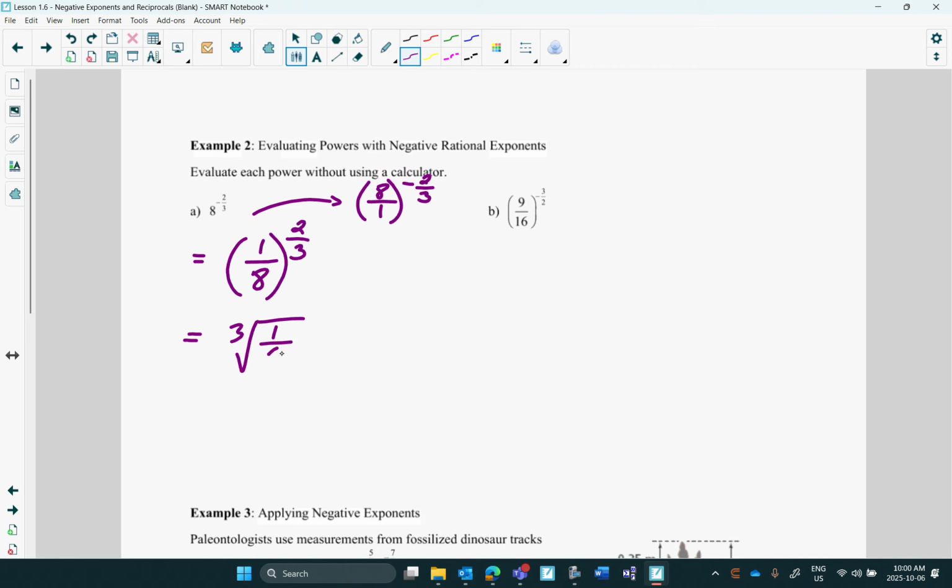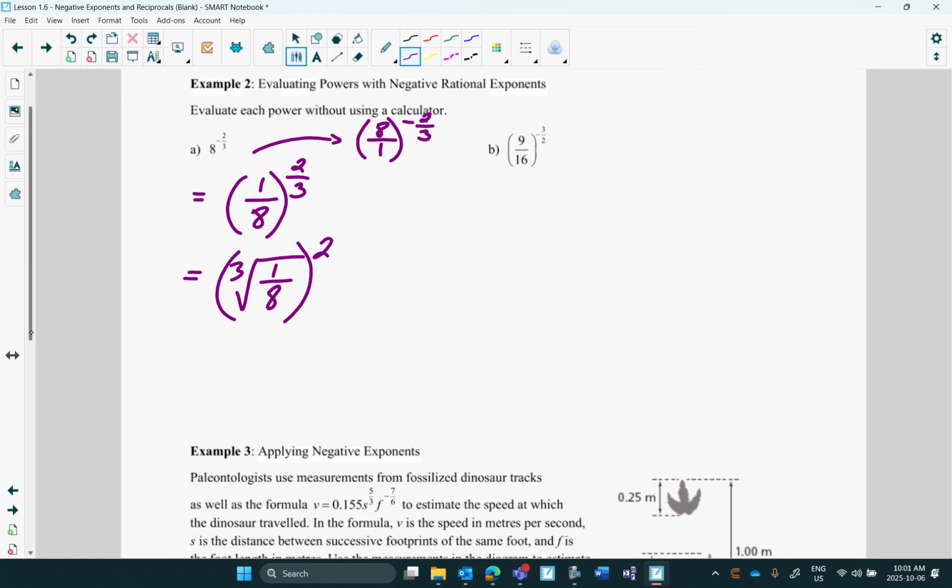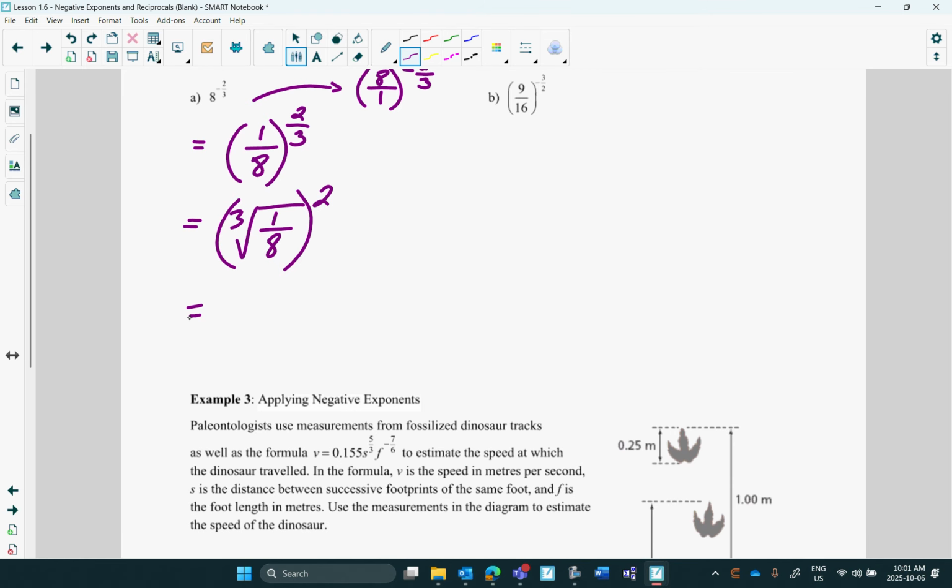Right. Remember how we change it? The denominator becomes the root. And if there's a numerator, we have to raise it to whatever that exponent is in the numerator. So the cube root of 1/8 is the cube root of 1 over the cube root of 8, which is 2.